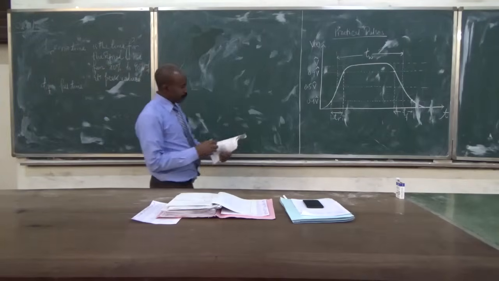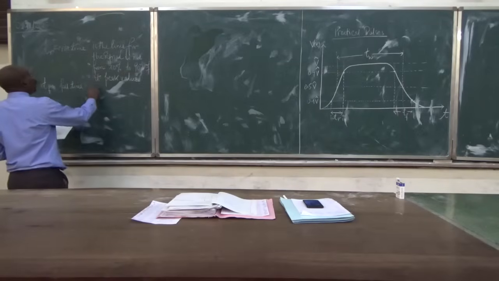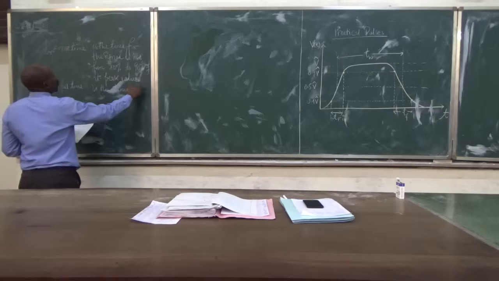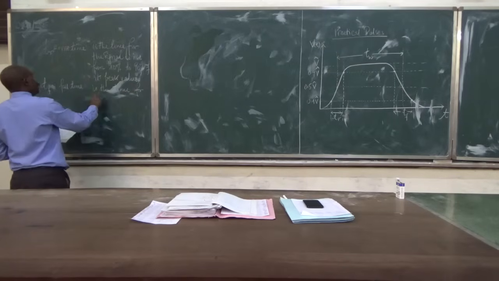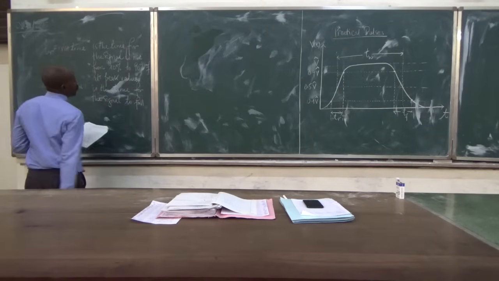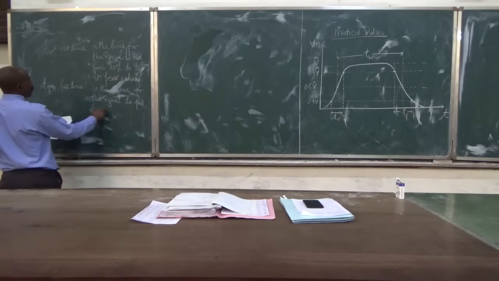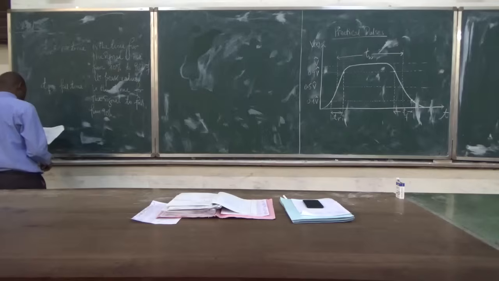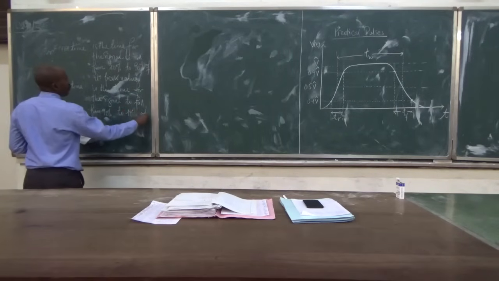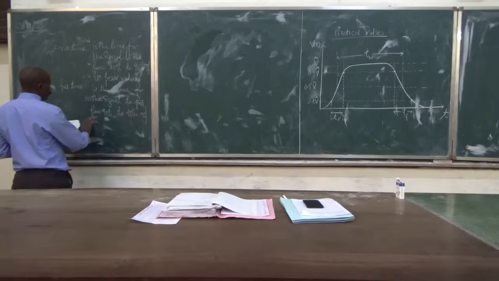And fall time for a signal is the time for the signal to fall from 90% to 10% of its peak value.